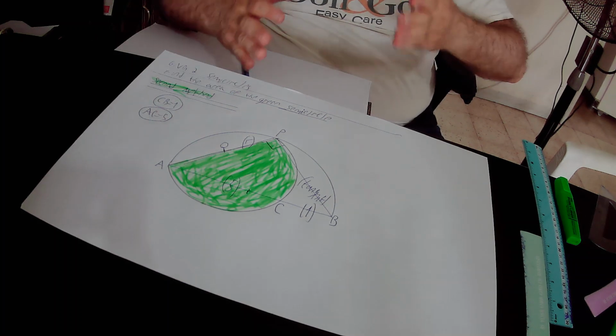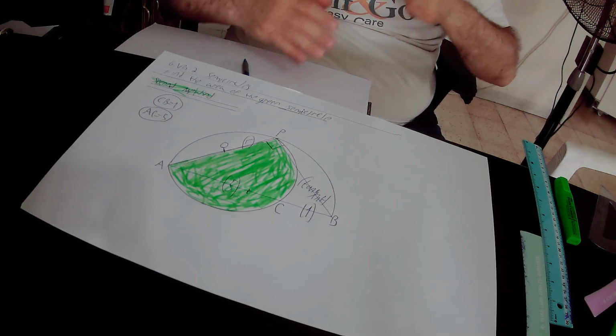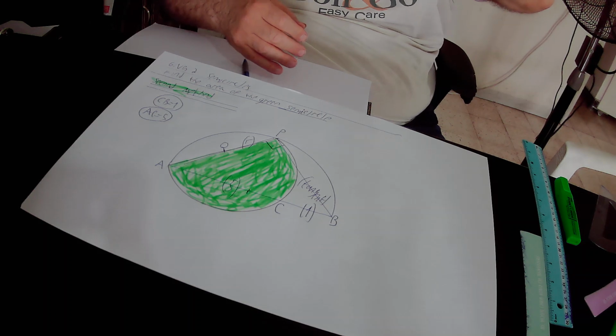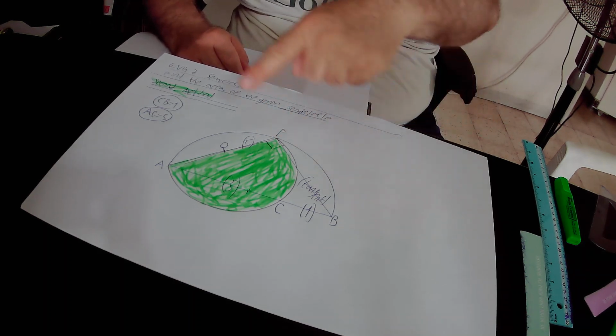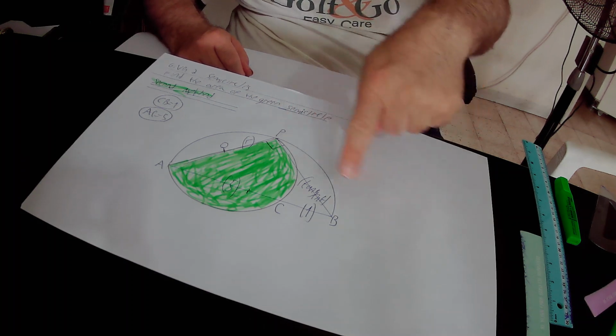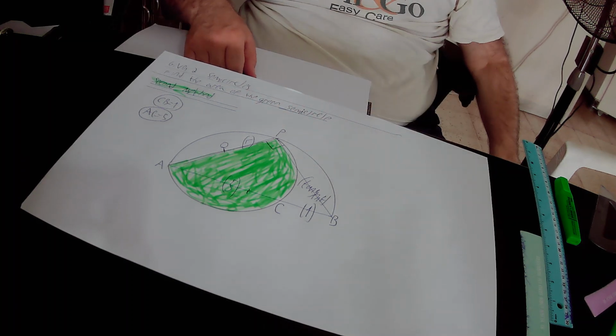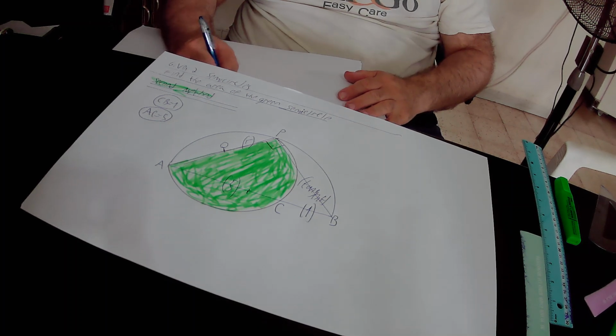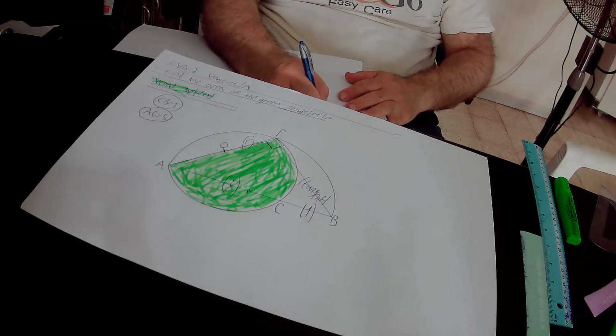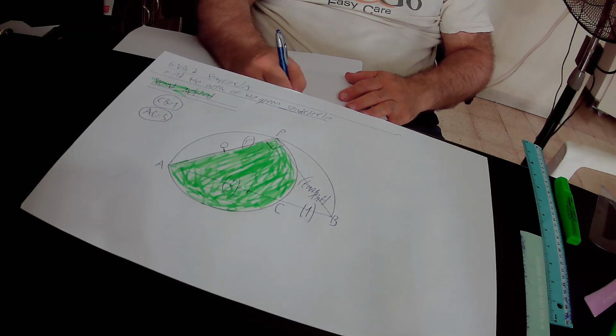So all the requirements of rule 10 are satisfied, and therefore, according to rule 10, the following equation is true: BP squared equals BC times BA. Again, BP squared equals BC times BA. So I write it down. BP squared equals BC times BA.